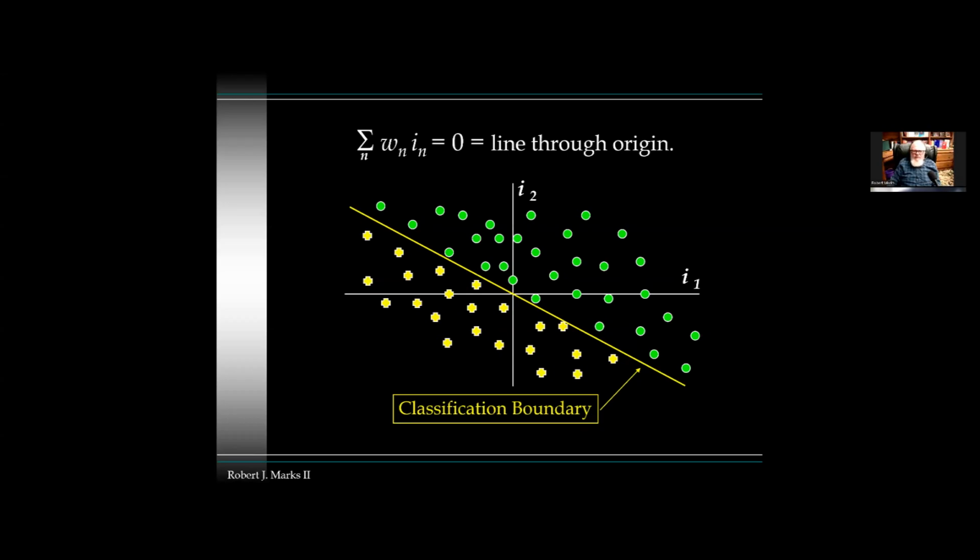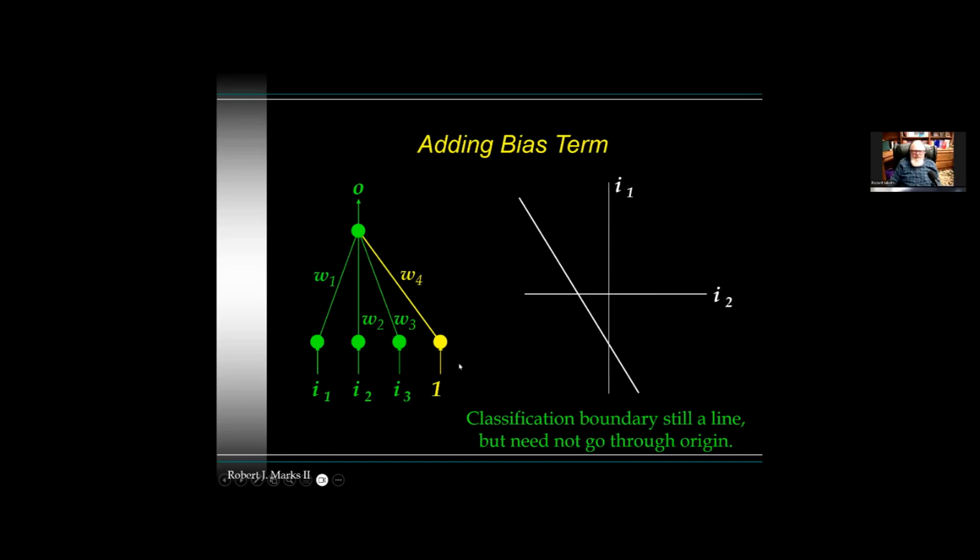So one of the problems we can address is to get this thing not to go through zero, because that isn't good. That's a pretty big restriction, for the classification boundary to go through zero. So what we'd like to do is put in something called a bias. And the bias is just a neuron that always has a state of one. This value is always one. It doesn't matter what the other inputs are, it always has a state of one.